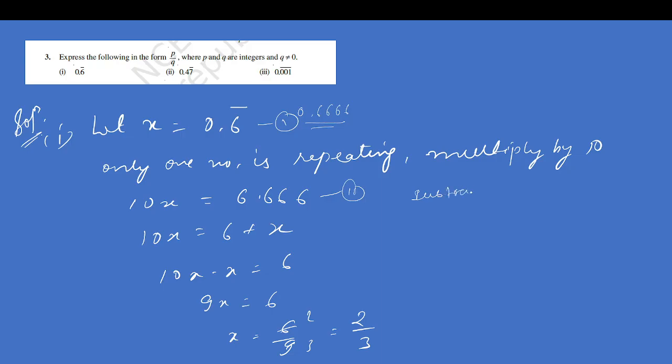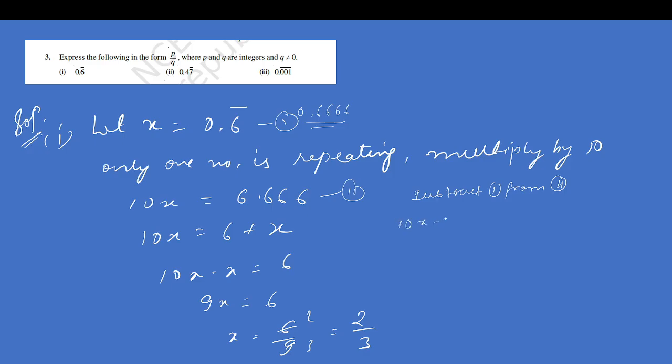Subtract 1 from 2. Keep the habit of writing this. I can directly solve this also, but in your exams your marks will be deducted if you don't write this line. Subtract 1 from 2, because you should know what is to be subtracted and from what.